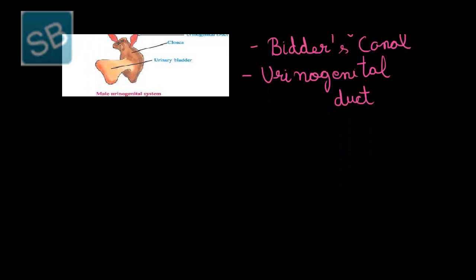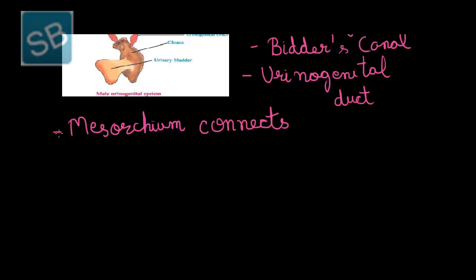Testes remain in contact with the kidney with the help of a structure known as mesorchium. The main function of testes is to produce sperms.